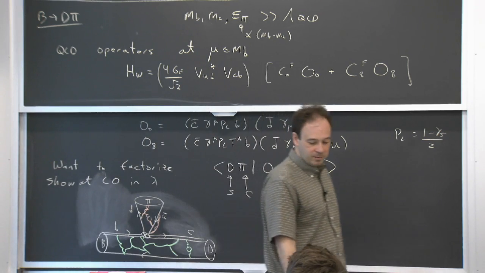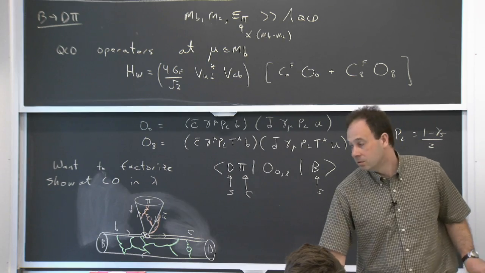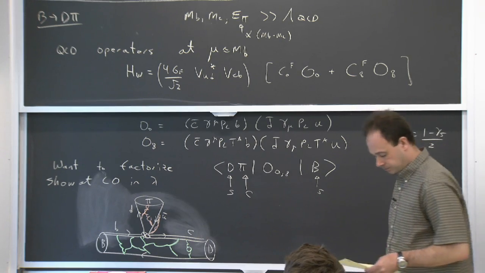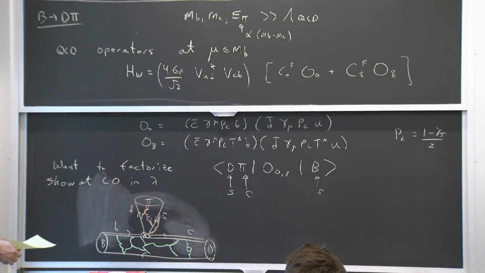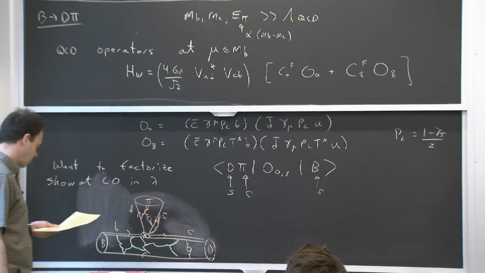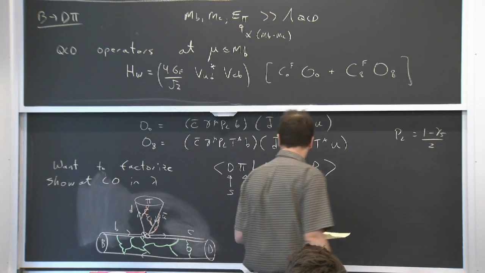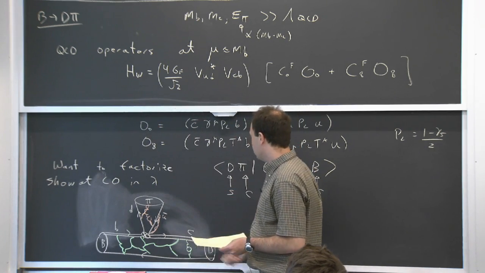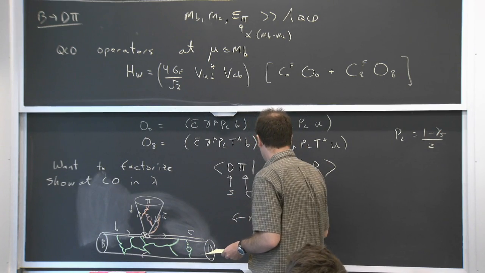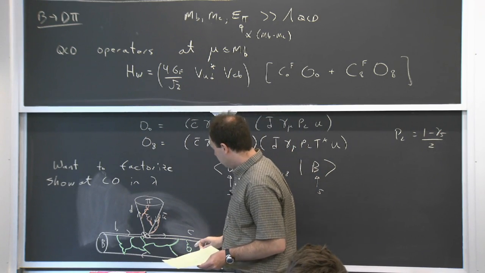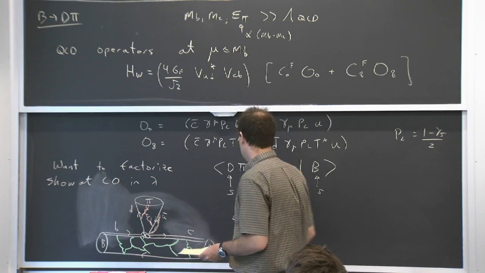So we would expect some kind of picture like that, and that's actually what we do find. But exactly what happens at this vertex, what kind of convolutions there are, that we have to work out. All right, so what factorization in this context means is that there are no gluons that are directly exchanged between the B to D part and the pion part.